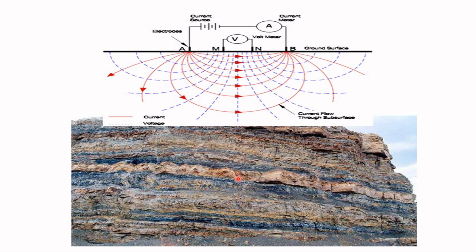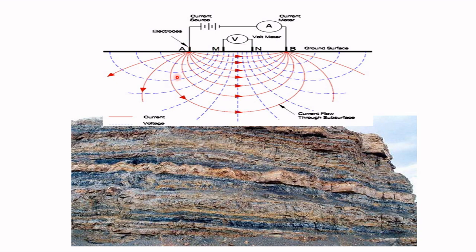Now let us discuss how the electrical conductivity, or the spatial distribution of the electrical parameters, is determined. When it comes to electrical conductivity, we are sending the current into the ground through these current electrodes and we are measuring the voltage here.